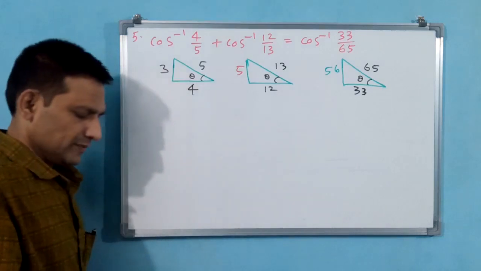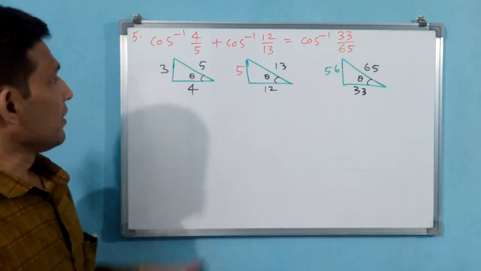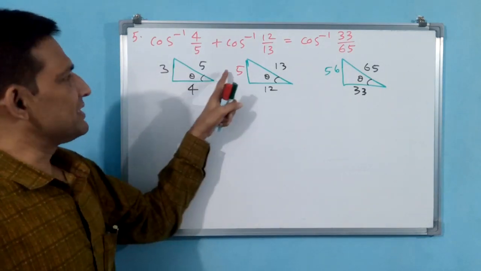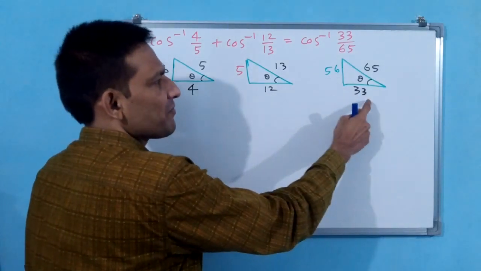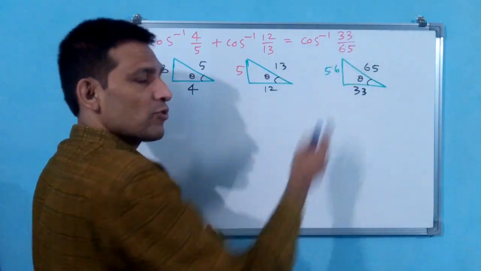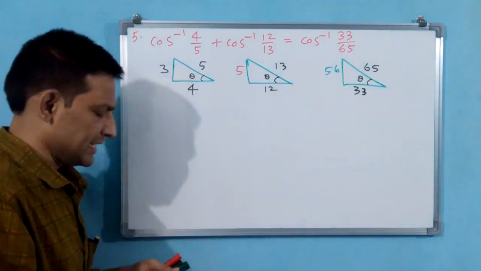Now you see tan inverse 3 by 4 plus tan inverse 5 by 12. If you do the calculation and it comes to tan inverse 56 by 32, then you are going to get this answer, like you know already.